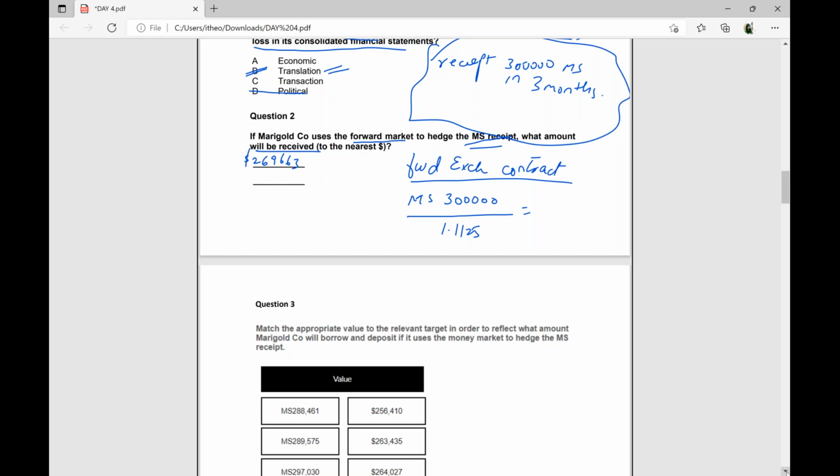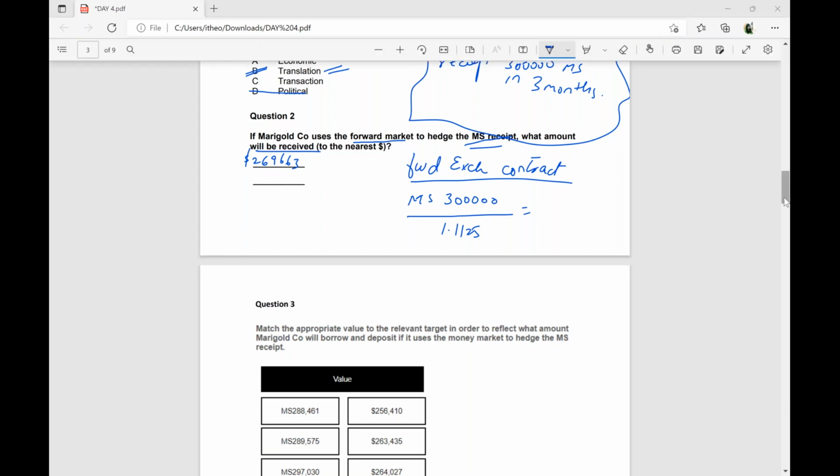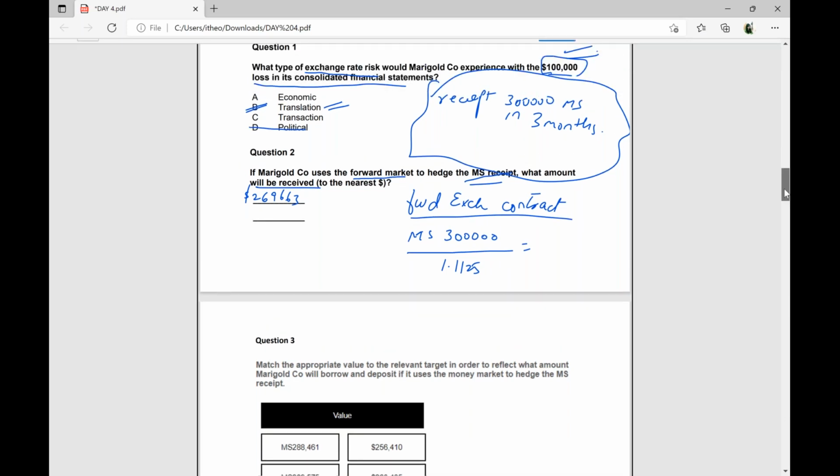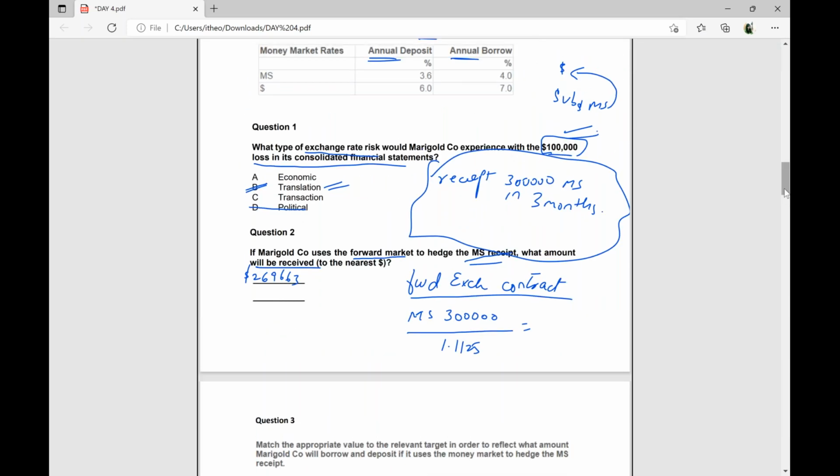The third requirement is to match the appropriate value to the relevant target in order to reflect what amount Marigold would borrow and deposit if it uses the money market to hedge.